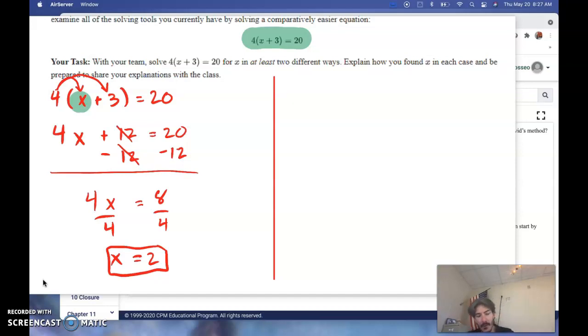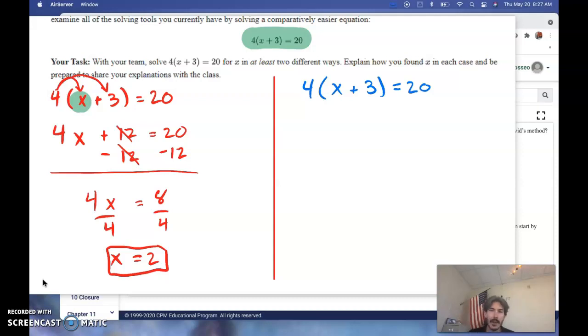There's another method for this, and maybe this is what some of you are thinking. If you're not thinking this, that's okay, but I want you to be versatile enough to consider this. Check this out.